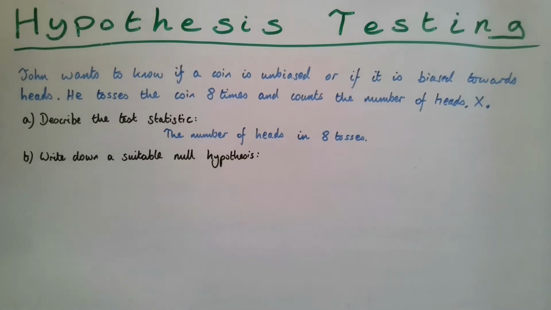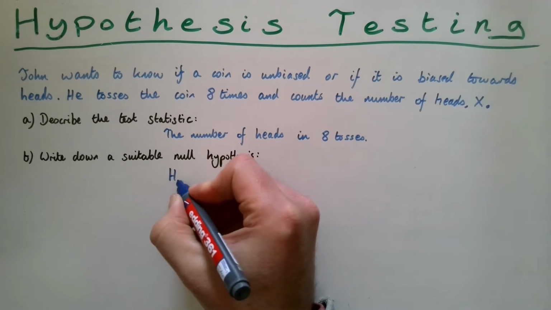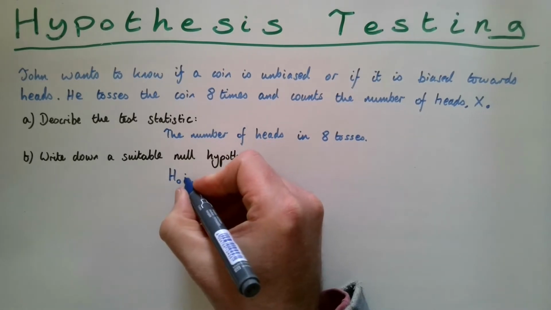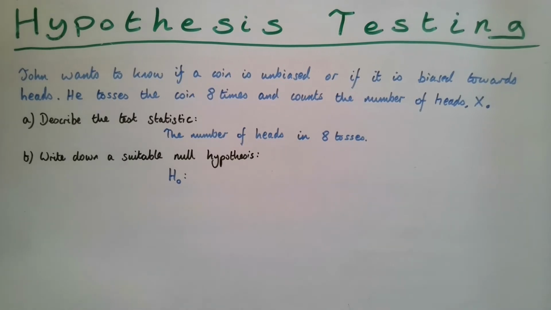So next up we need to write down a suitable null hypothesis. So what are we assuming? Well, generally we're going to assume that the coin isn't biased. So the null hypothesis is going to say that. And the first thing we need to write down is H0, with the 0 at a lower point like that, and that means the null hypothesis.